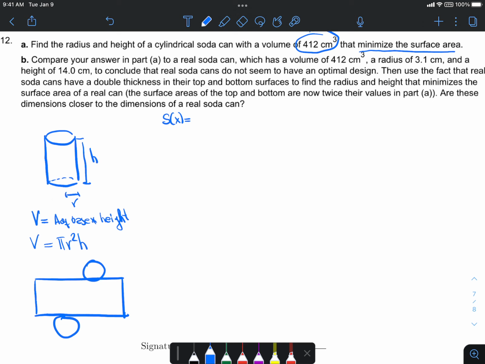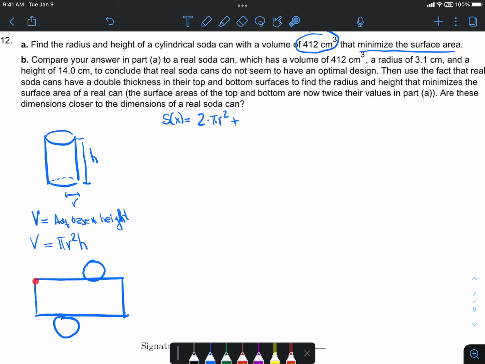That's how the unfolded soda can looks. So really you have two areas of the base, so it's 2 times pi r squared, and these are the two circles, the top and the bottom.